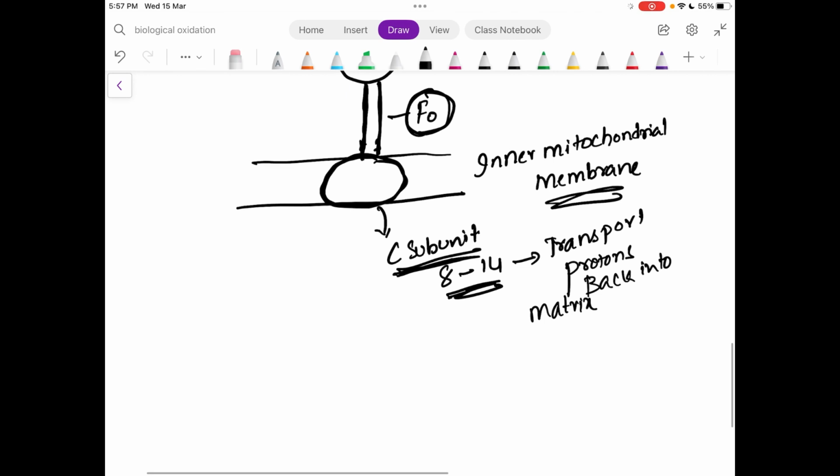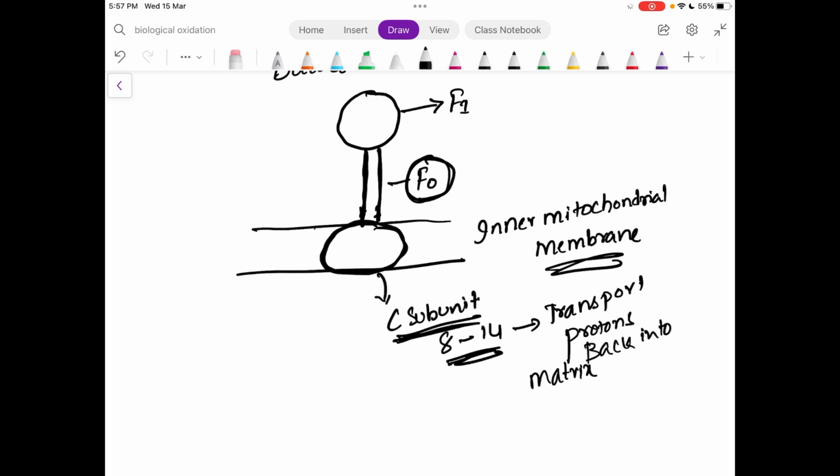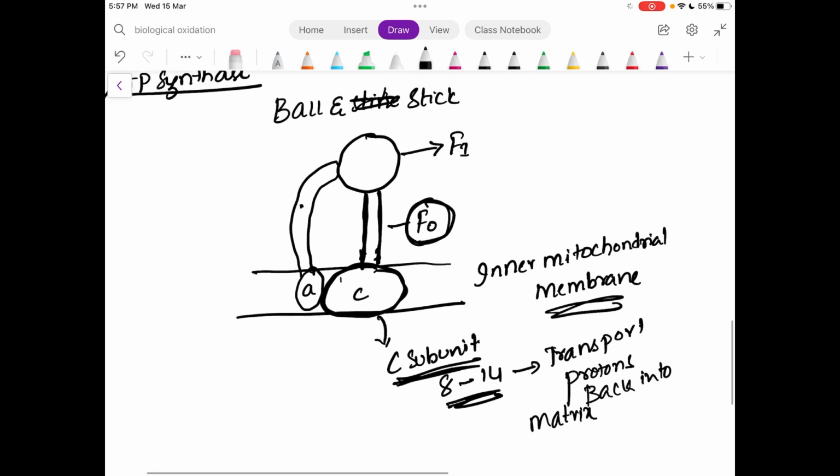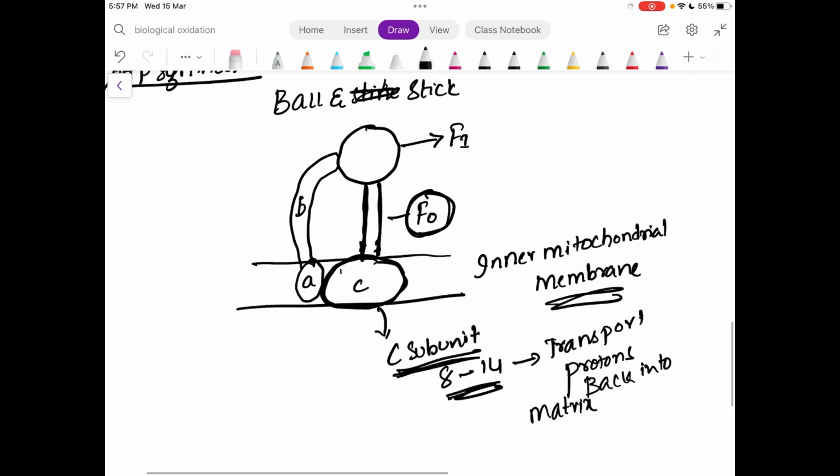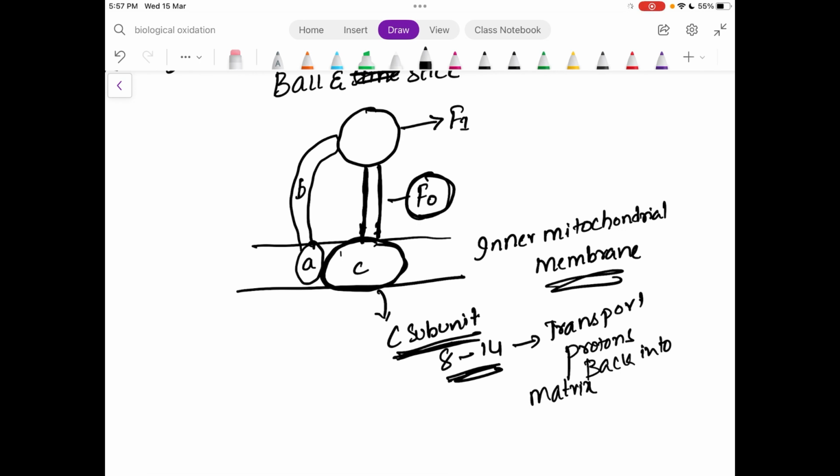Next, it has A subunit and B subunit. So C is divided into 8 to 14 parts, plus A and B. And F1 has subunits called alpha, beta, gamma, delta and epsilon. These are the subunits of F1.